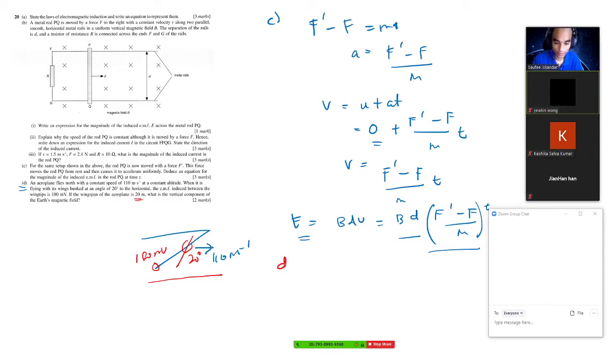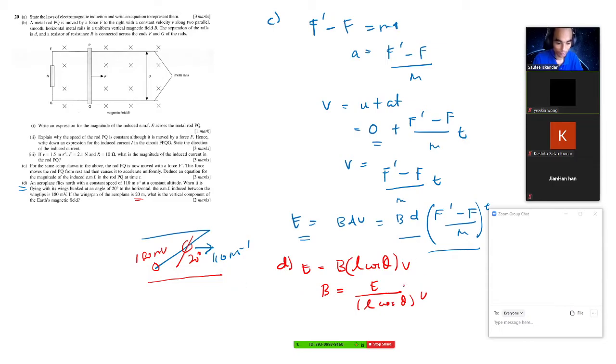So for answer D, E equals B L cos theta v, because we have an angle between the horizontal and the wing. So B will be equal to E divided by L cos theta times v.